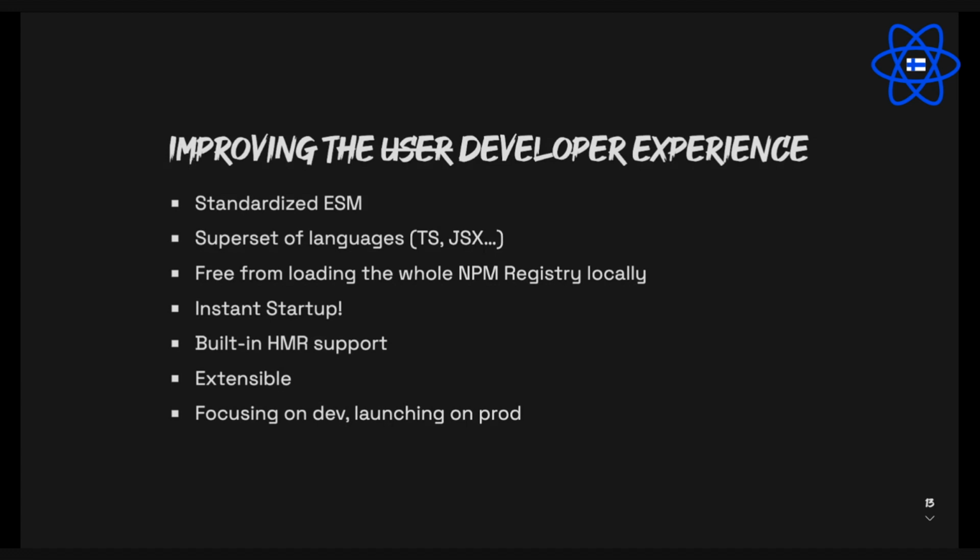I want built-in HMR support to have hot reloading directly in my browser and never lose my state each time I want to test a new feature, so I just want to replace it on the fly. I need that to be extensible to stick to my specific needs, depending on my framework and so on. And I want to be focused on development. The production is another optimization, but for my developer experience, I need to be focused on development.